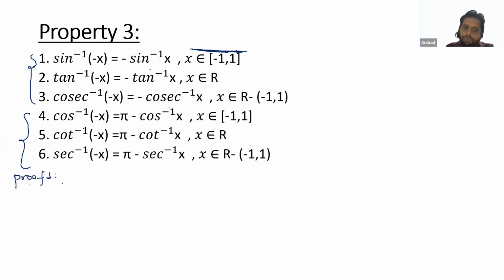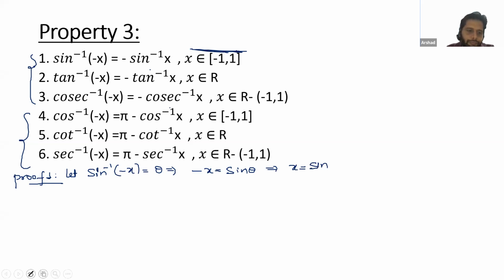So we will do two proofs. First, for the first one, sine inverse minus x. Let sine inverse minus x is equal to theta. So you will get minus x is equal to sine theta. Okay, x is equal to minus sine theta.